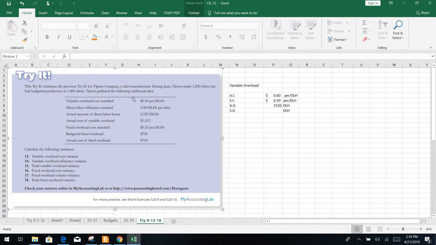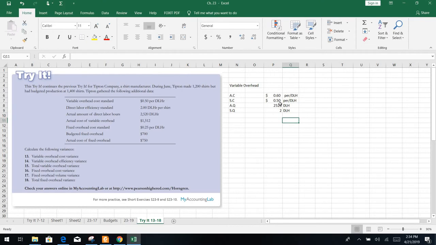That's not standard quantity. But the only things that say standard in them are these 2 right here. That's cost standard and that's efficiency standard. So I've already used this cost standard right here, so that's probably not what I'm looking for. So the only thing I'm really left with is this efficiency standard right here. So I would say, well, it says $2, right?